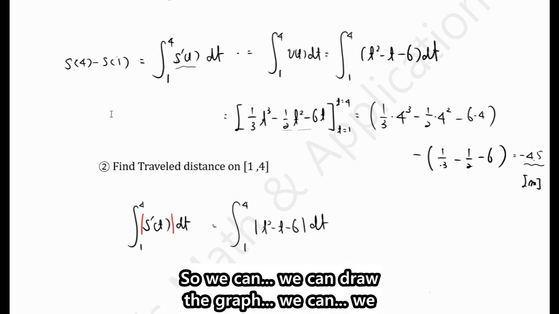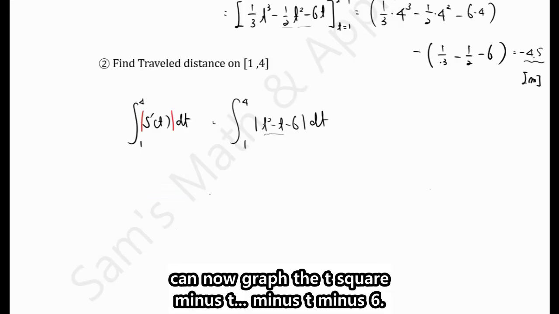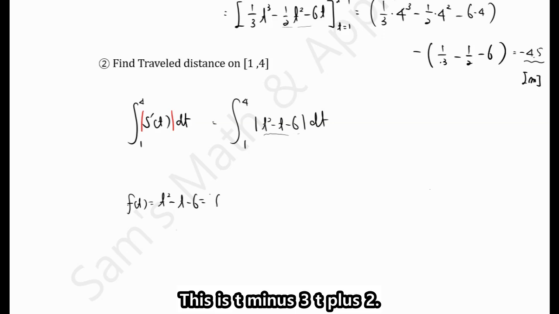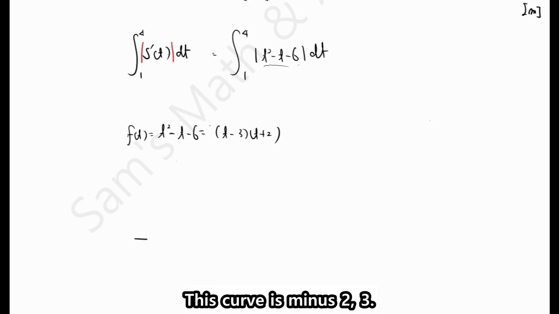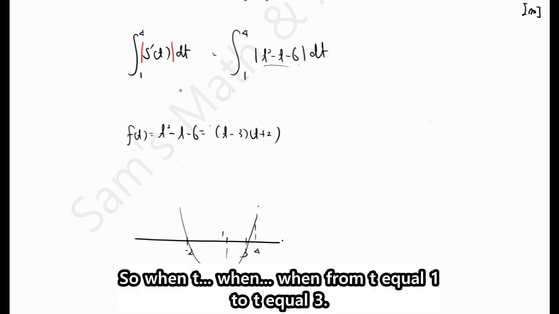So we can draw the graph. We graph t squared minus t minus 6. We let f(t) be t squared minus t minus 6, which is (t minus 3)(t plus 2). So we can draw this curve, with roots at minus 2 and 3. The range is 1 to 4.